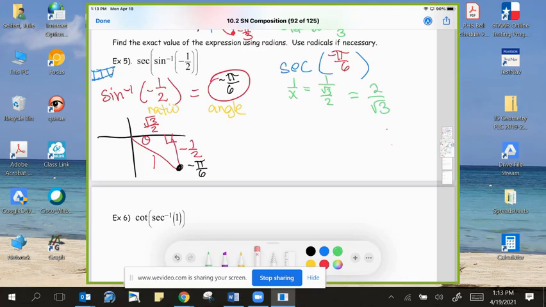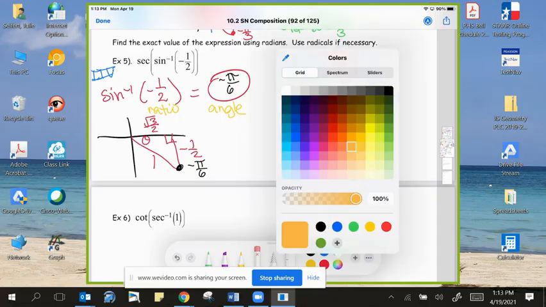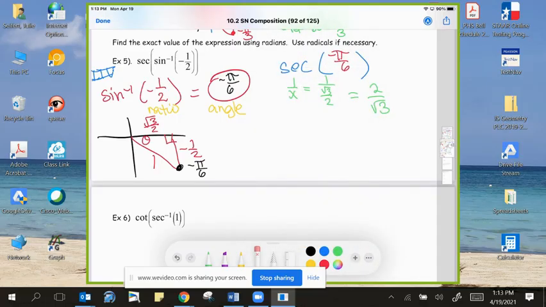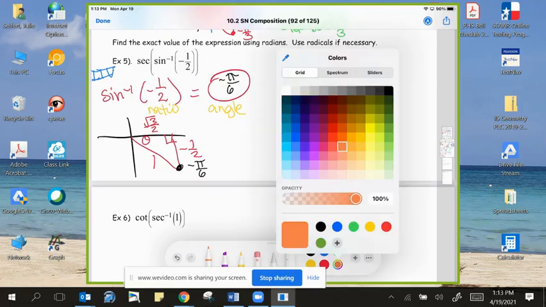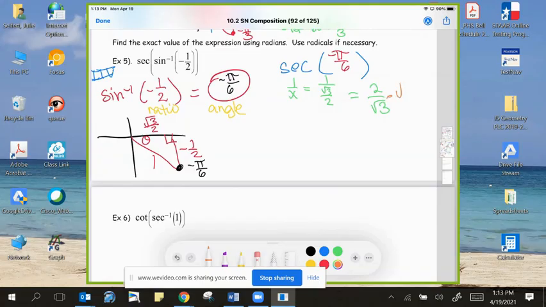Now, we can't leave that square root 3 in the denominator, so we have to rationalize it. So we will multiply by root 3 over root 3. So then that's 2 root 3 on top over a 3 on bottom.